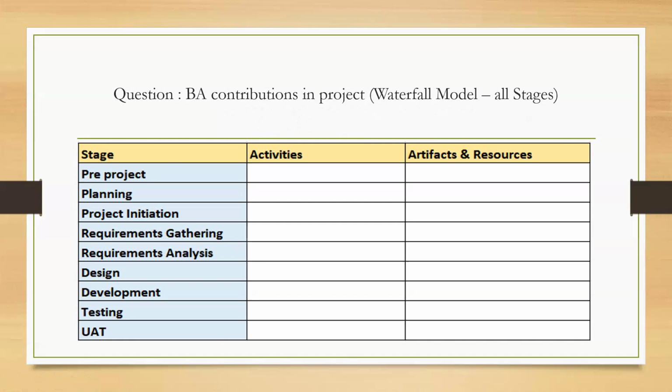If one stage is completed, then only we move to the next stage, right? So you need to mention every stage in the waterfall model, the activities a BA does in all these stages, and the artifacts and resources. You need to mention in all the stages what the contribution of the BA is.